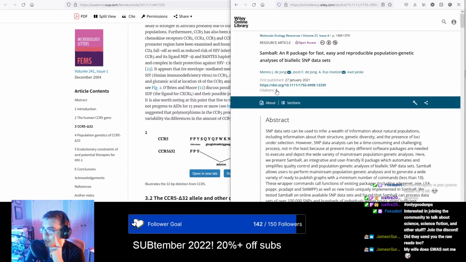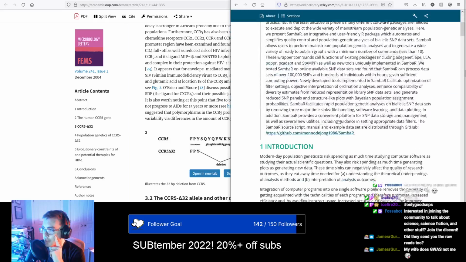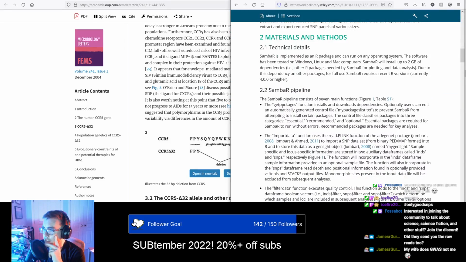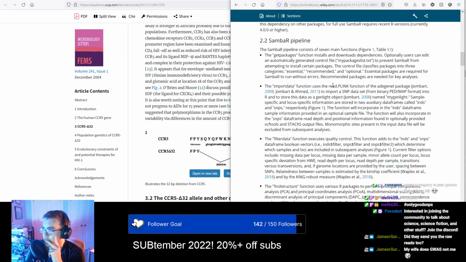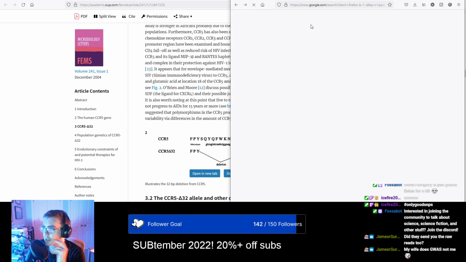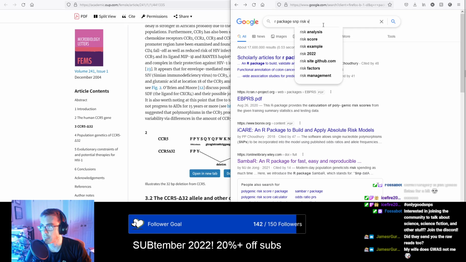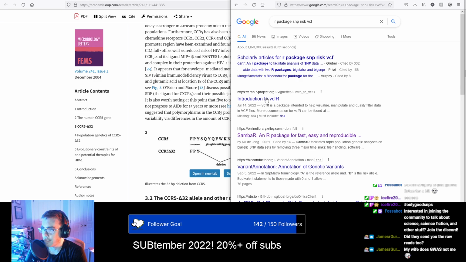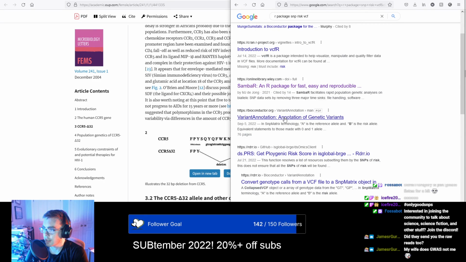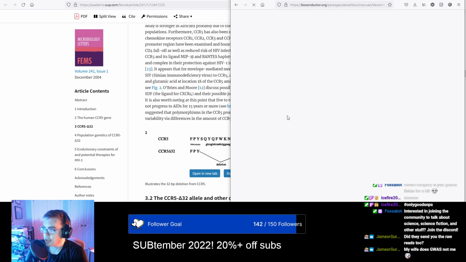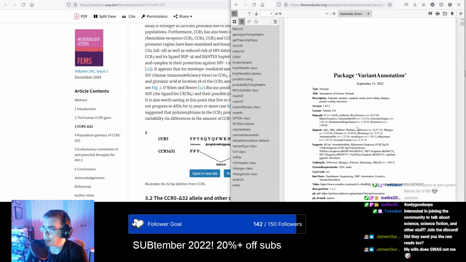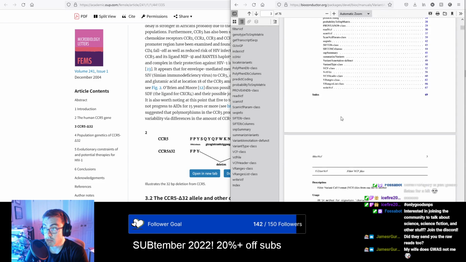Analyses of biallelic SNP datasets. All right. Import data. Import a SNP from bio. Oh, well, I don't have that. What if I do VCF? So yeah, variant annotation: annotate variants, compute amino acid coding changes, predict coding outcomes.